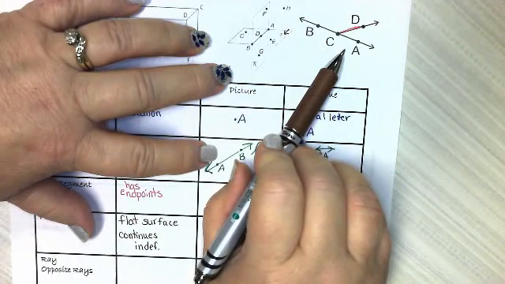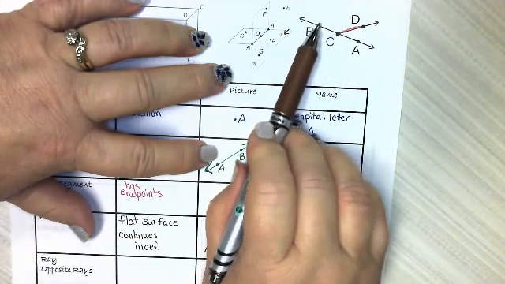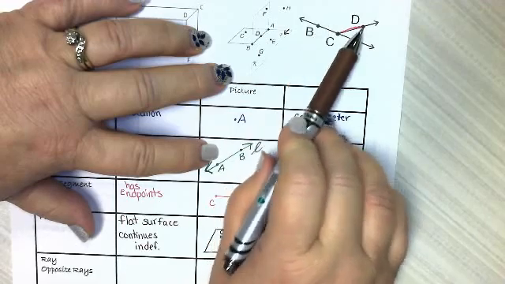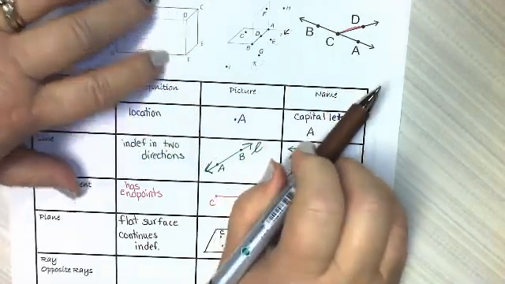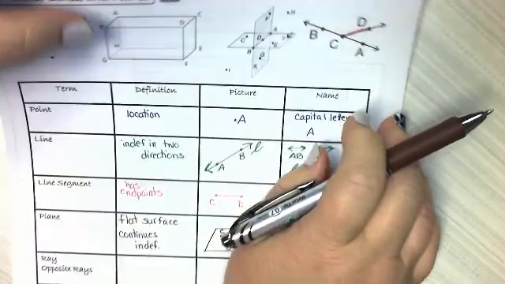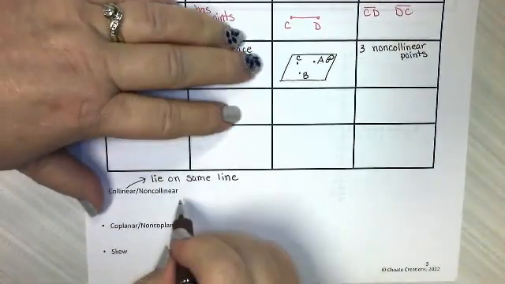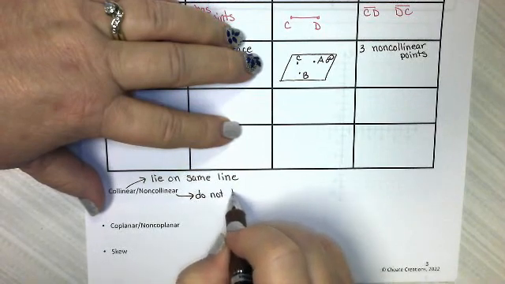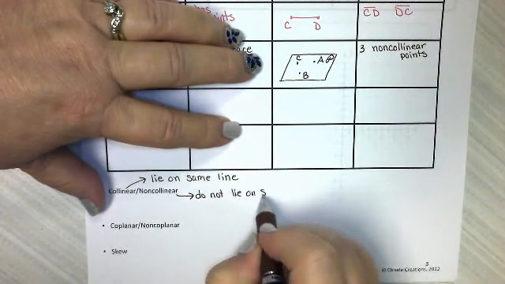They lie on the same line. Points B, D, and A do not lie on the same line. They kind of make a triangle. They are non-collinear. So collinear points lie on the same line. Non-collinear points do not lie on the same line.